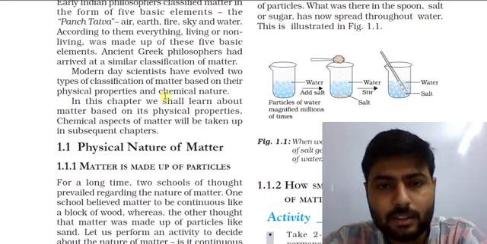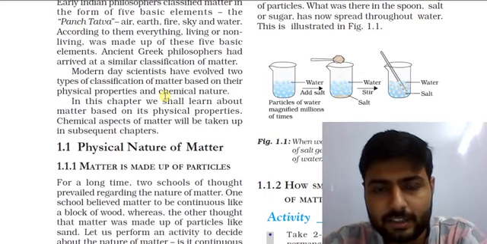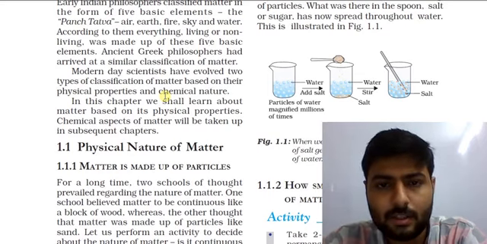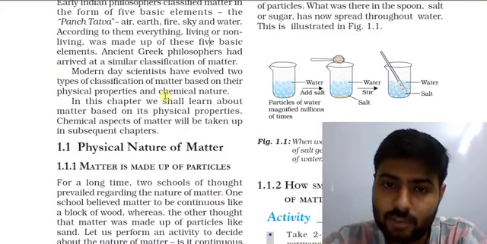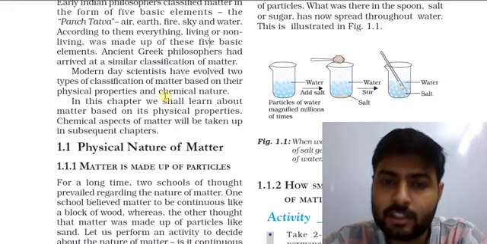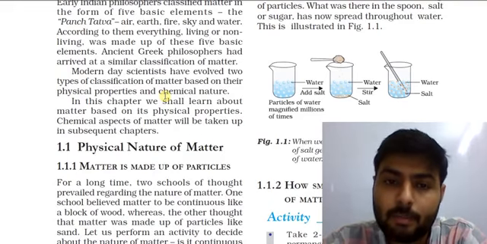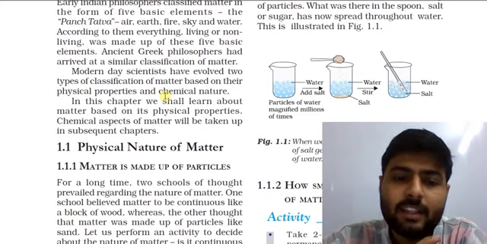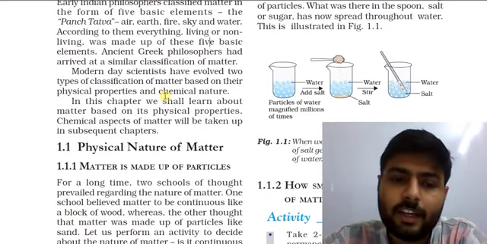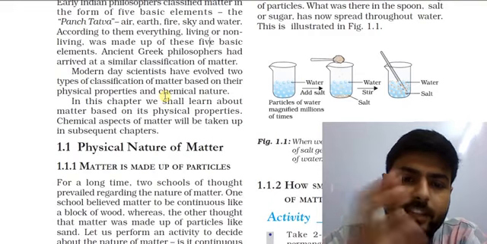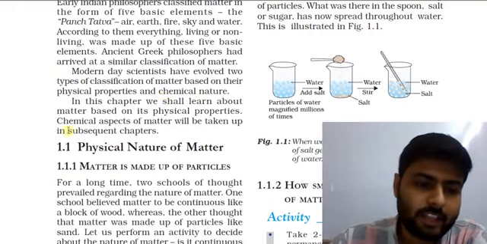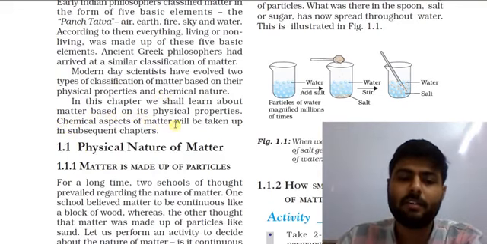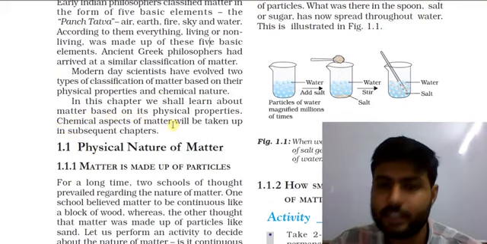In your previous standards, say standard 7th and 8th, you have learned what is physical change, what is chemical change, what is physical property, what is chemical property. So in this chapter, we will learn about the physical property of substances. The chemical aspects of matter will be taken up in subsequent chapters.